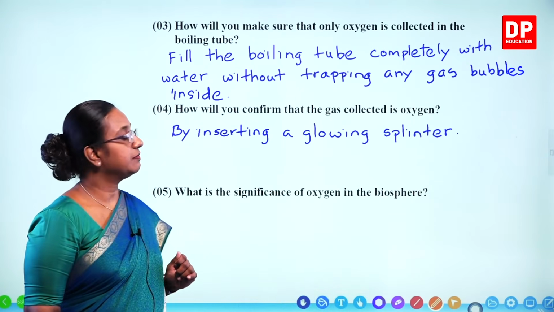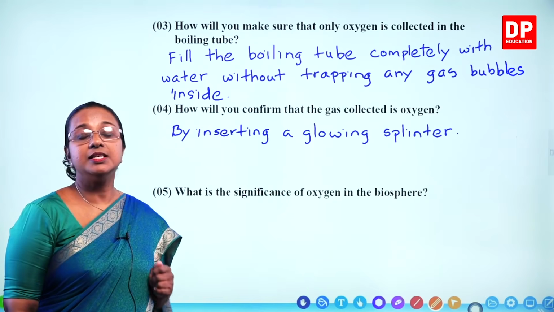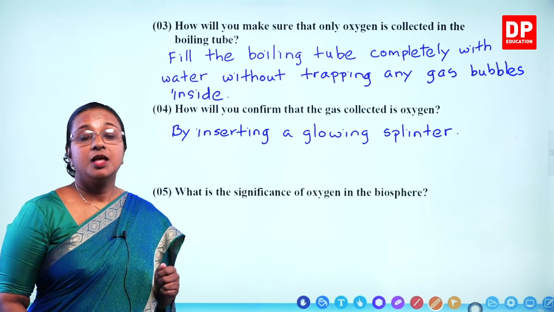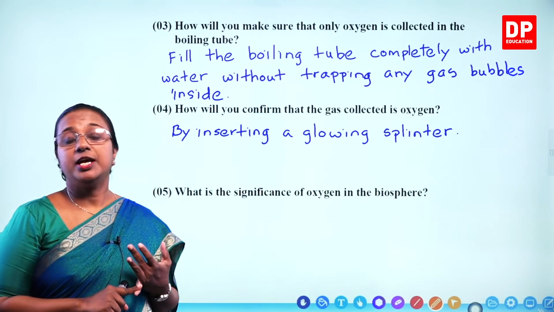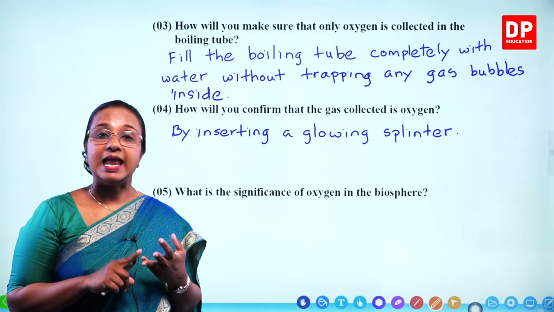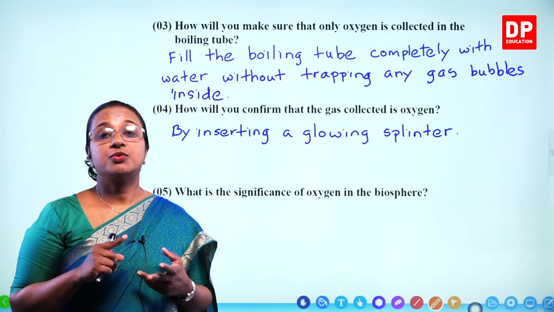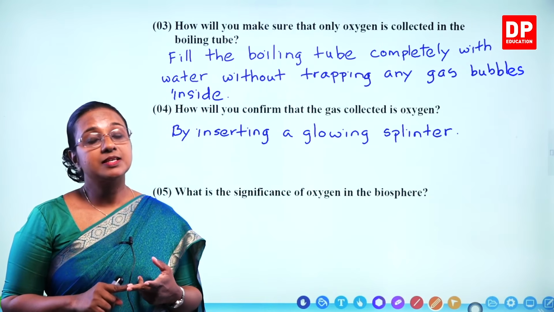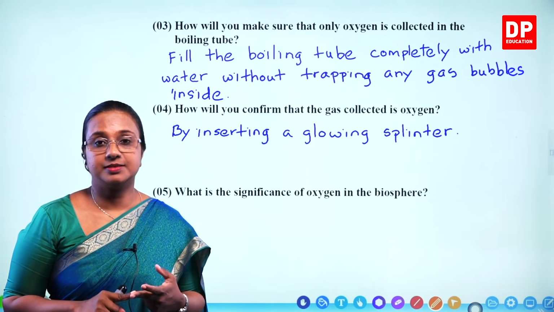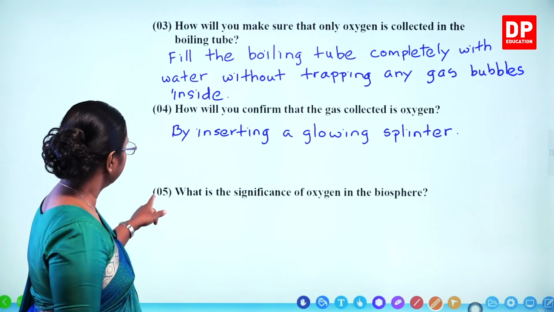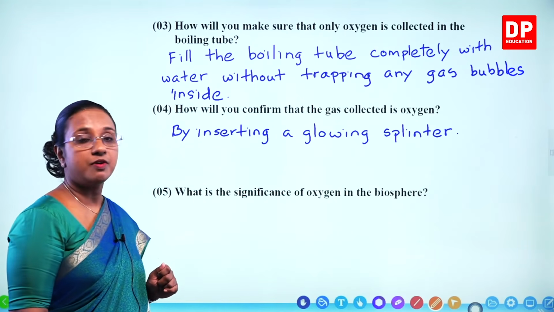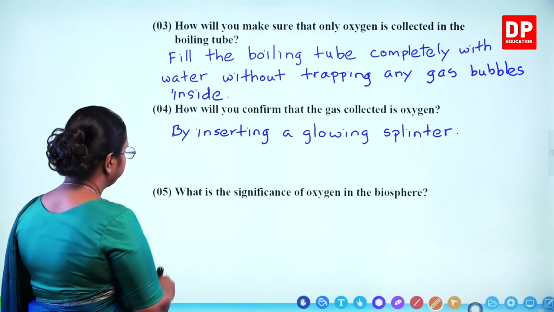What is the significance of oxygen in the biosphere? Oxygen is needed for aerobic respiration and combustion. So it is needed for the survival of organisms. So here, what is the significance of oxygen in the biosphere?